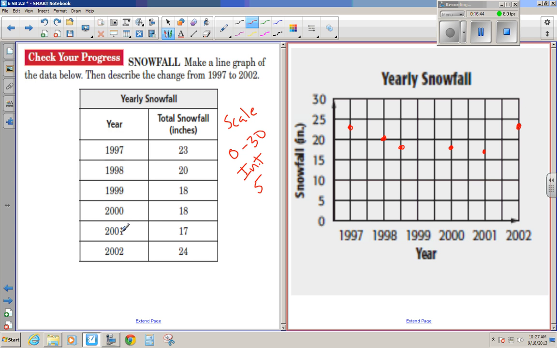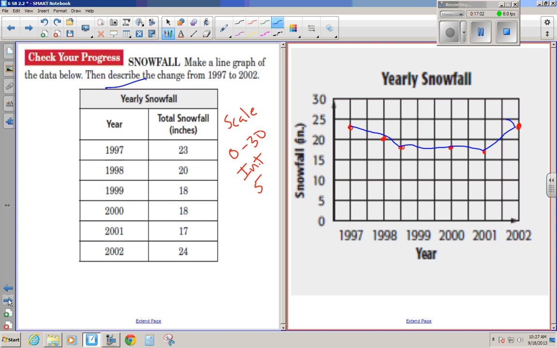So make a line graph of the data. We plotted the points already. Now connect with super straight lines like I just did. And it says to describe.